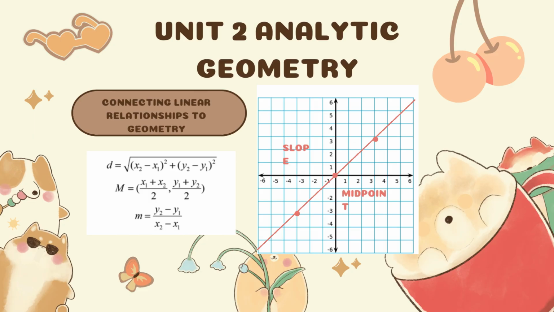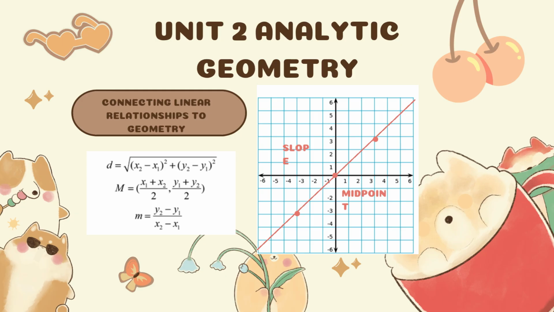After solving relationships algebraically in linear systems, the next step is understanding those relationships geometrically. Analytic geometry combines algebra and geometry by using coordinates to analyze distances, slopes, and relationships between lines. This allows mathematical relationships to be visualized spatially.